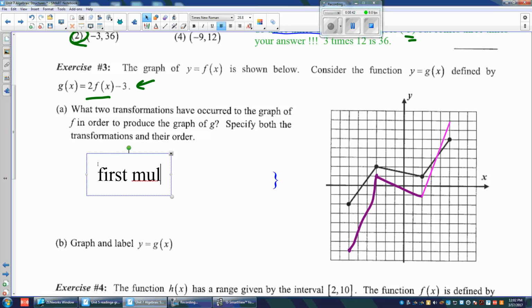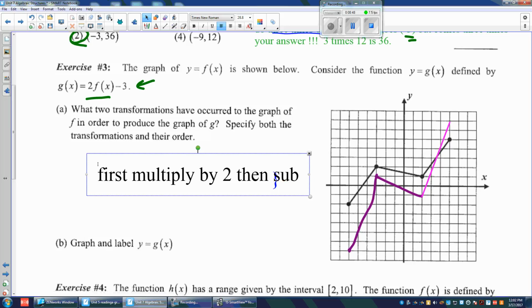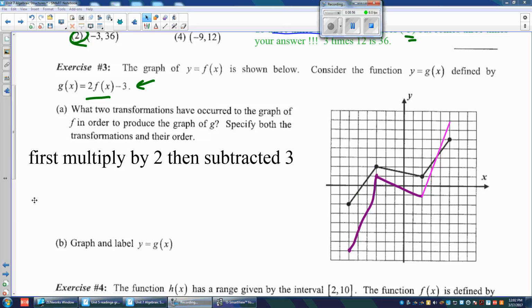We first multiplied by 2, then subtracted 3.